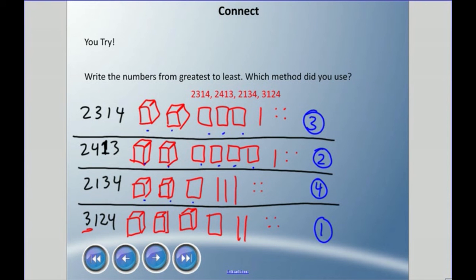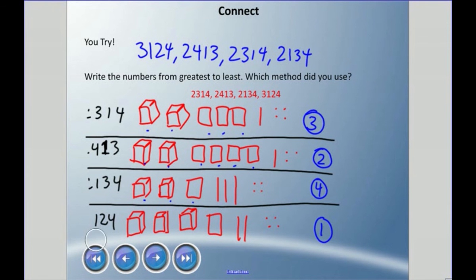So the order would go, if I was to write this out, 3,124, then 2,413, then 2,314, and then 2,134. Okay, so that's one method. I'm going to erase all of this.